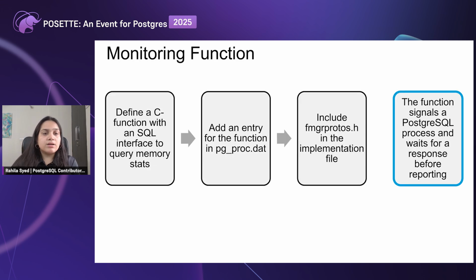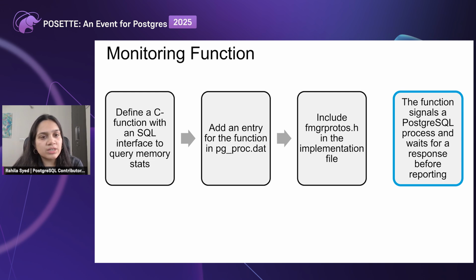So now let's look at such a monitoring function. This monitoring function essentially, when it wants to query memory consumption of a particular process, will send a signal to that process and wait for the response from that process after it has published the stats. Then it goes ahead and reads those stats and gives the output to the user.